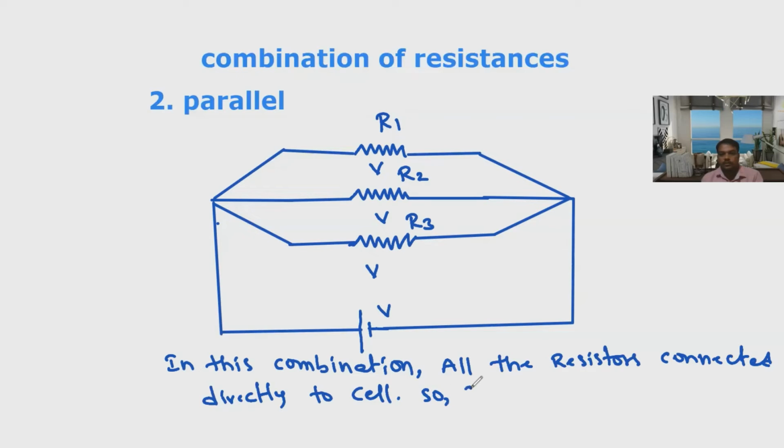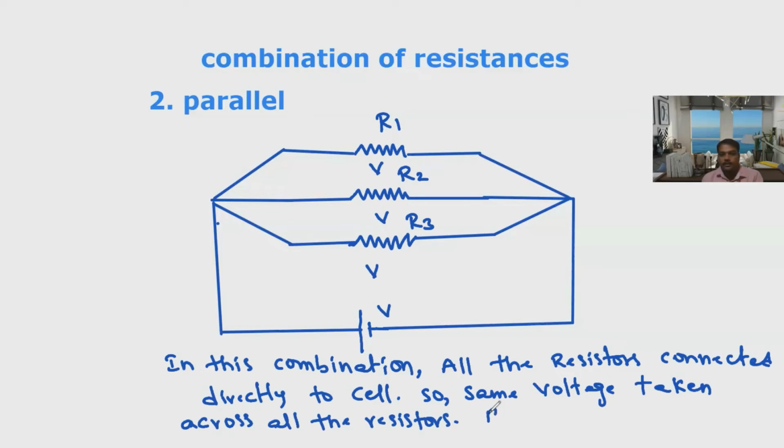So the same voltage is taken across all the resistors. But charges find alternate paths.